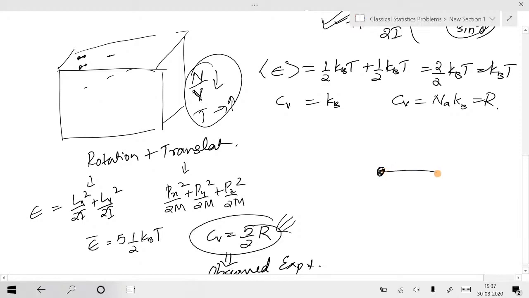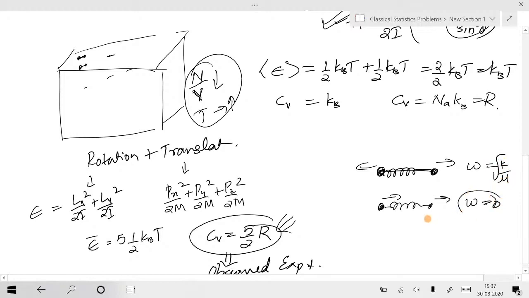So when you have two molecules, if you take a spring between them, there are two vibrational modes. One mode is like this, a bending kind of mode, which will have some frequency omega. The other mode is where both of them move in the same manner, where omega equals 0. For one, omega equals root of k by mu; for the other, omega equals 0. That is nothing but the translation mode that I have already taken.